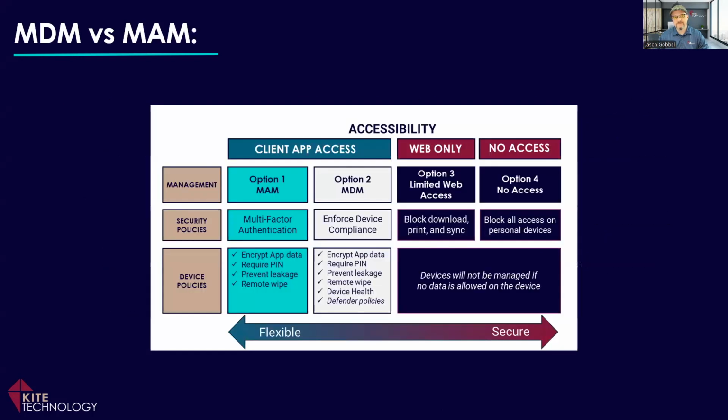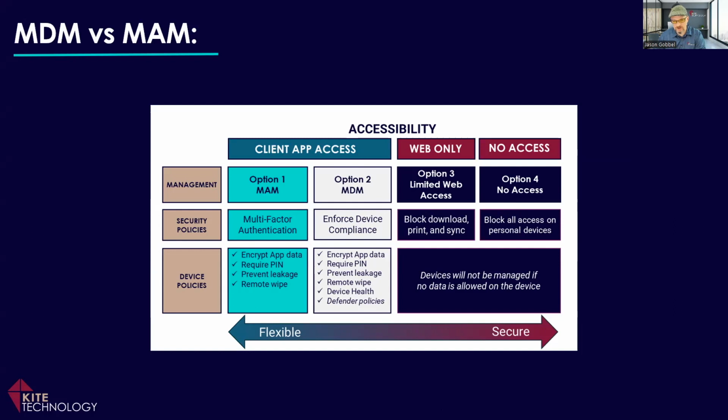So continuing on a theme of clearing the mud from our first part, let's pick that apart, because there are options. There's a broad range of features and things that you can turn on, device policies, things like that. All the way down to no access, none at all, or limited access, accessing just through web browsers.